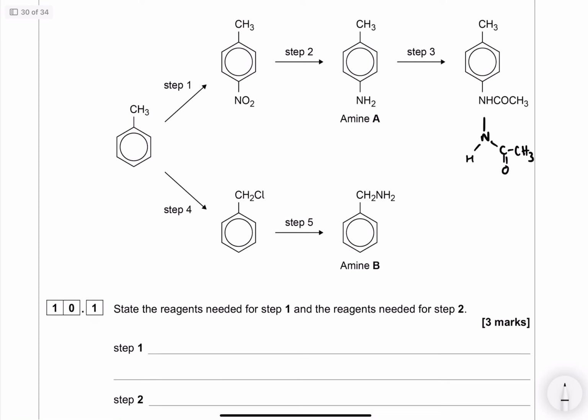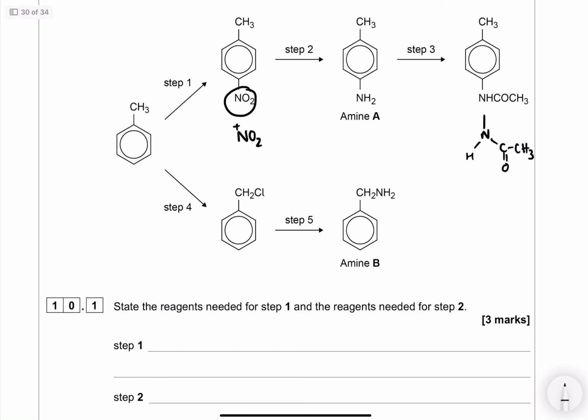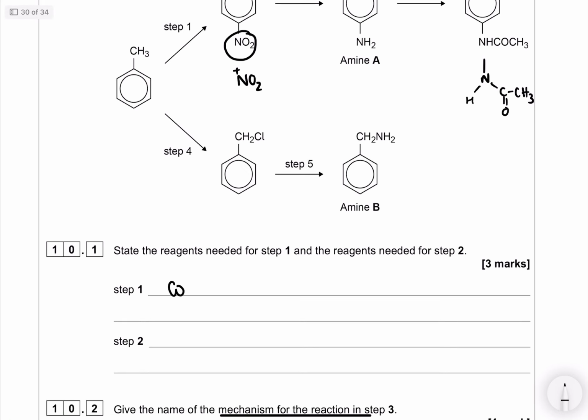So what do we need for step 1? Well, step 1 is a reaction onto the benzene ring, so we need to generate this electrophile in order to be able to substitute it onto the benzene ring. What we would need for that is a source of that NO2+, and that's coming from concentrated nitric acid.